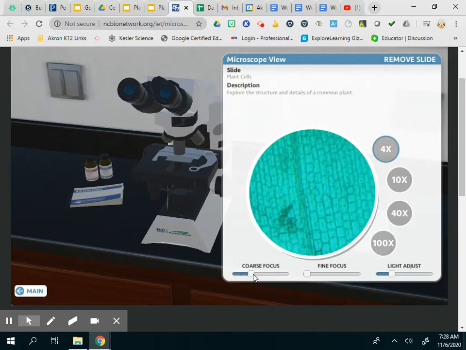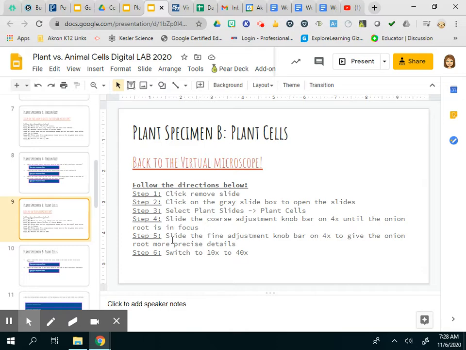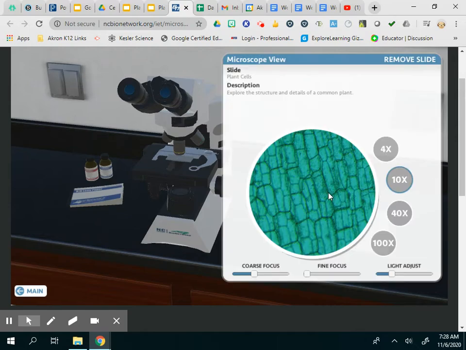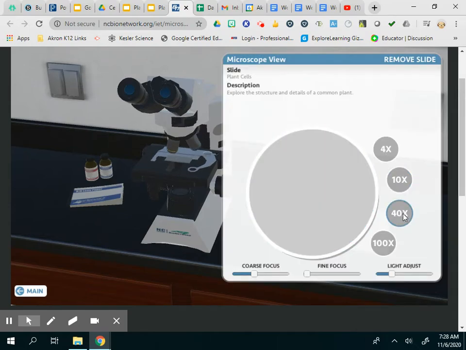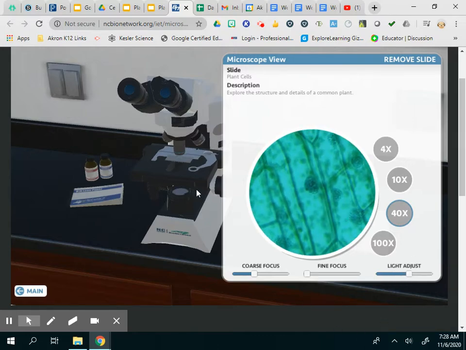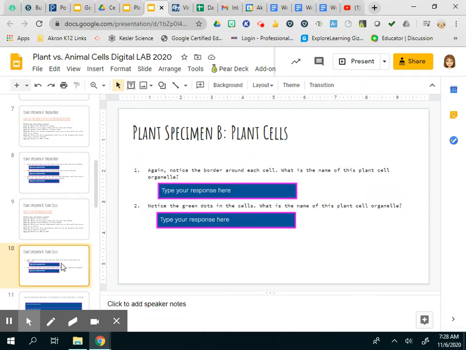And what we're going to see should look like this. And then as the last one, they want us to go all the way up to 40x. So we're going to go to 10x, kind of move this around at 40x. I'm going to adjust the light so I can see inside better. Here we go. And then we're going to answer some questions.